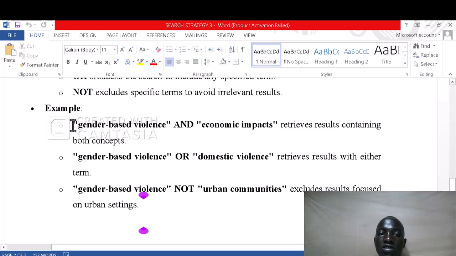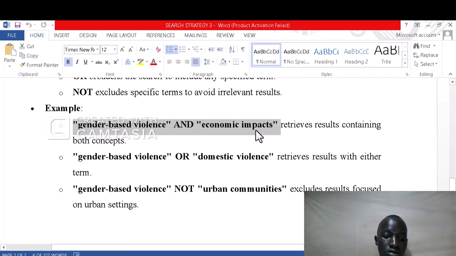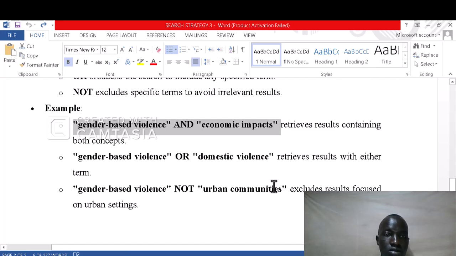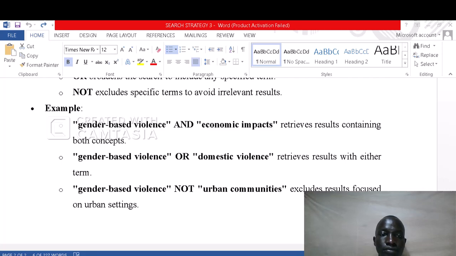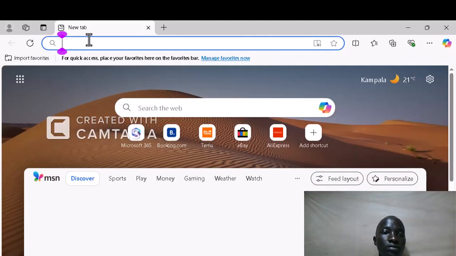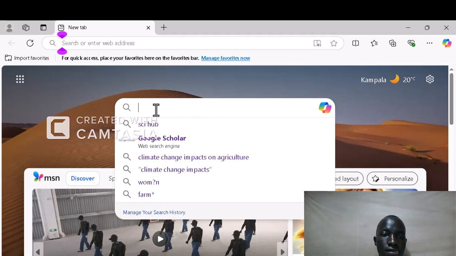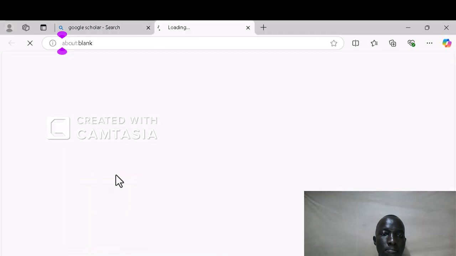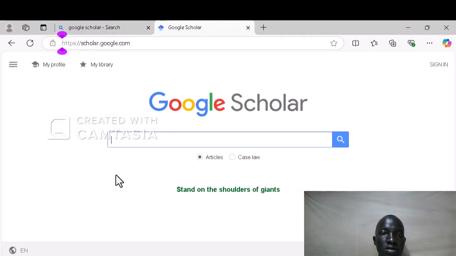So let's first try copying this, and paste it here. Let's search.